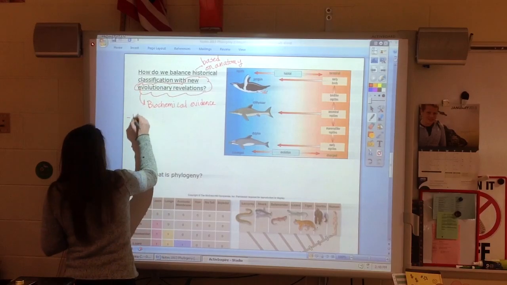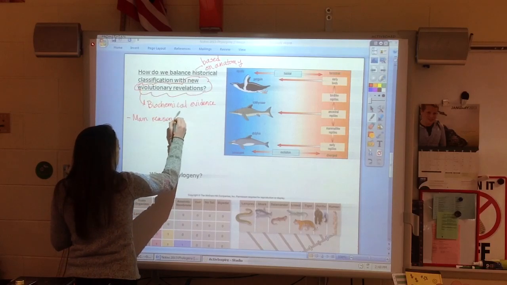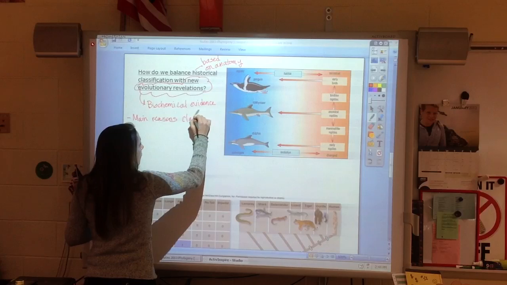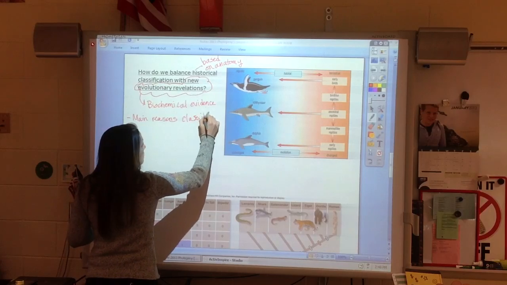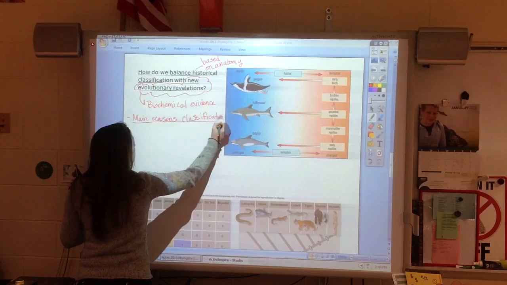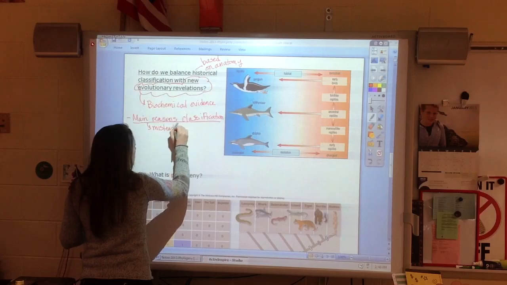One of the main reasons to change classification structures is going to be the misleading anatomy.